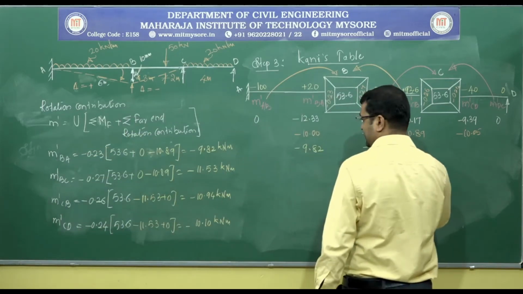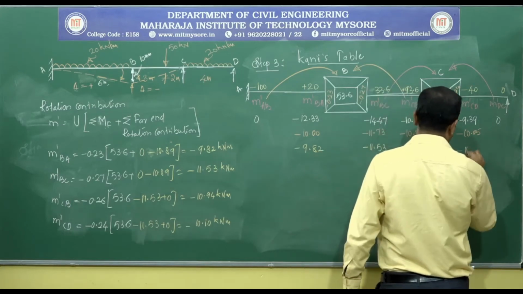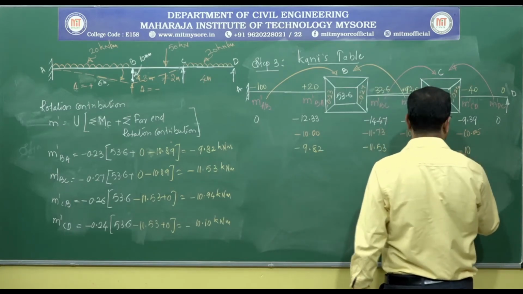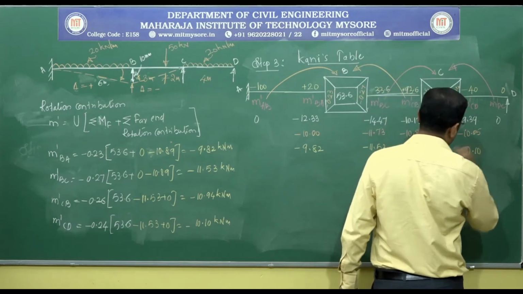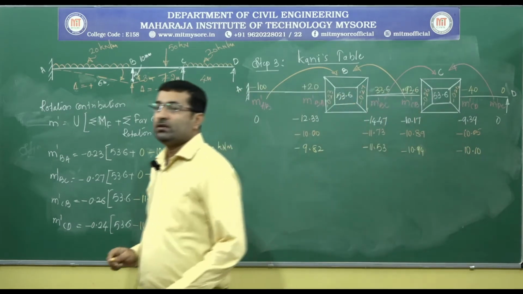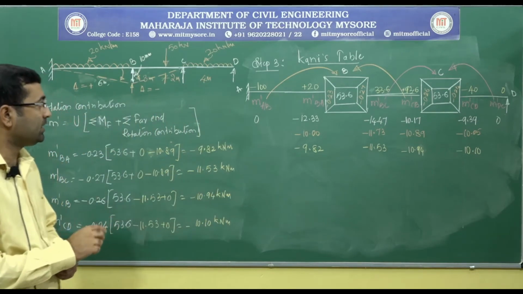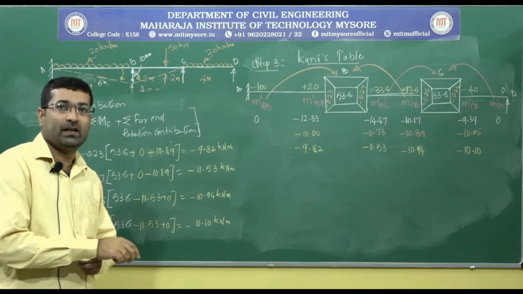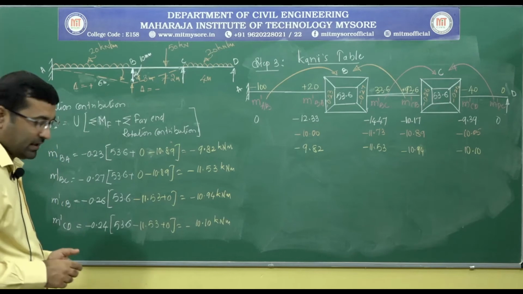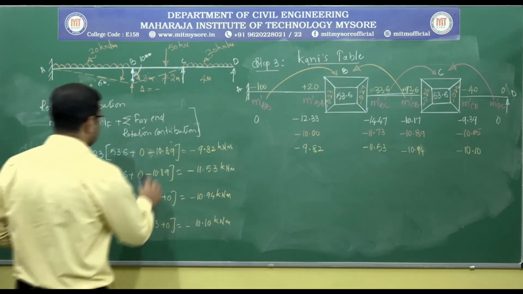So here it is minus 10.94 and minus 10.10. So now you can see the third cycle. In the third cycle again the difference is very less. Might be in the next cycle you may get the exact same values. So let us go for the next cycle.